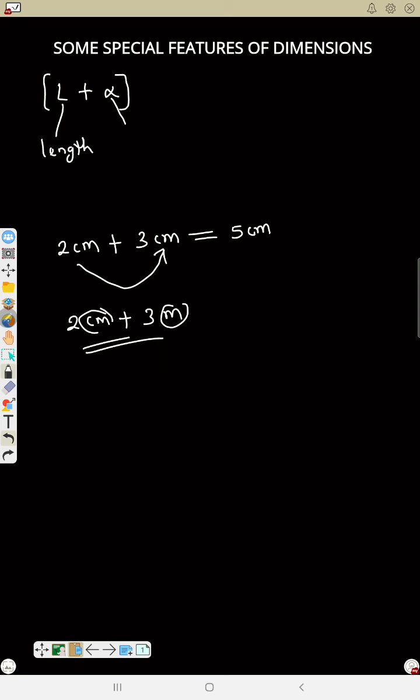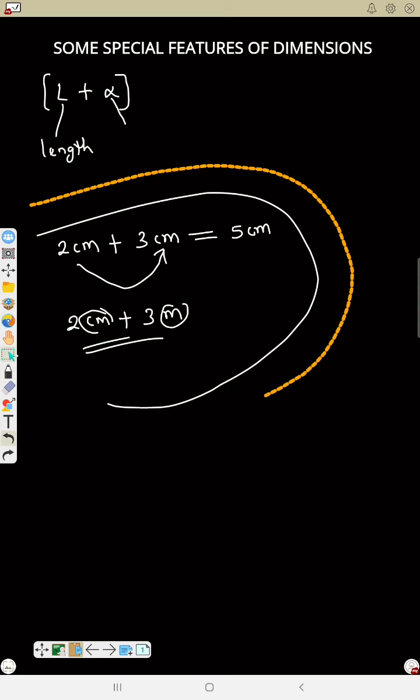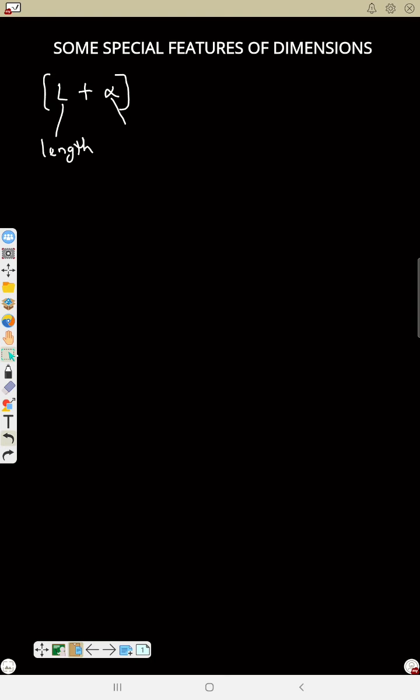So follow that concept and you will understand this better. Length can only be added to length. That means if L is a length, it is for sure that alpha must also be a kind of length. So the dimension of alpha will be equal to the dimension of length.